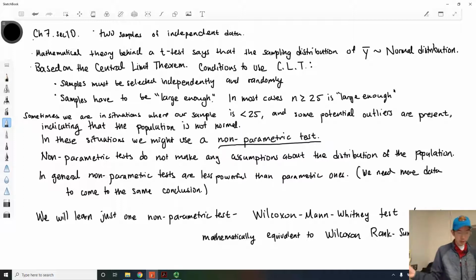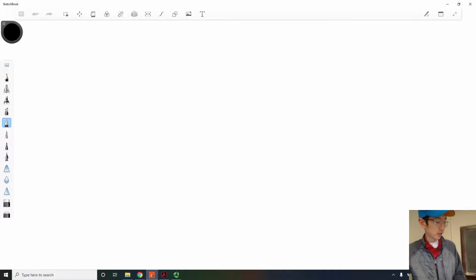All right, so let's just get into this. I'm using the example straight from the textbook. In this example, we are looking at soil respiration data.